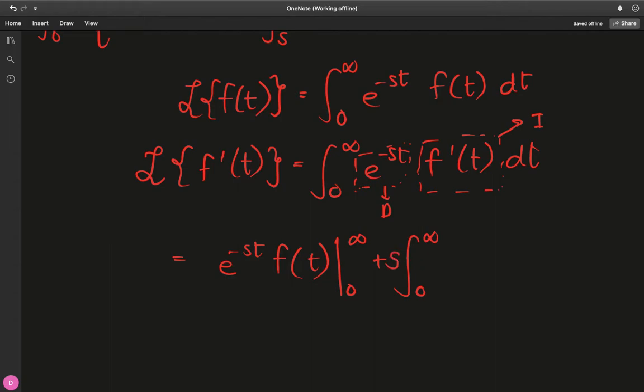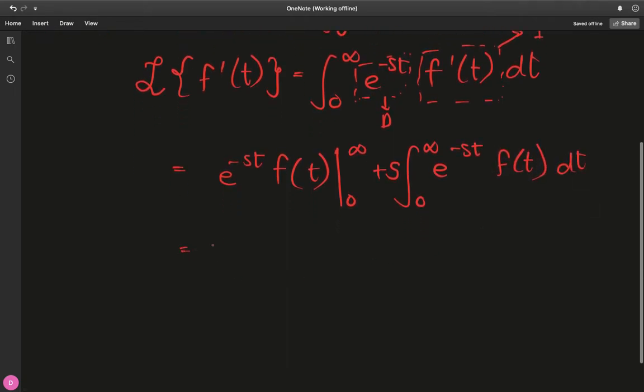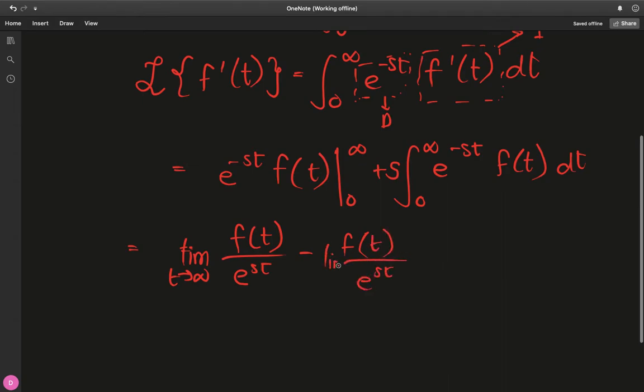So we just have an s and e raised to negative st times f of t dt. So at infinity you have something like f of t divided by e raised to st in the limit as t goes to infinity, minus something like f of t over e raised to st in the limit as t goes to 0, and this is just s times the Laplace transform of f of t.